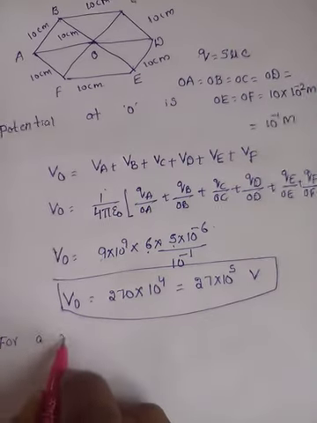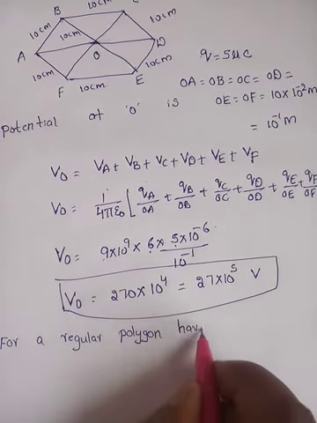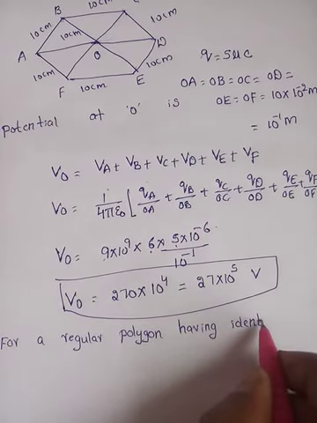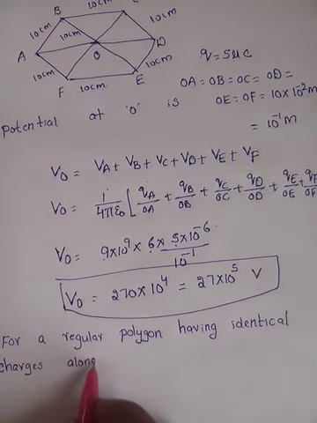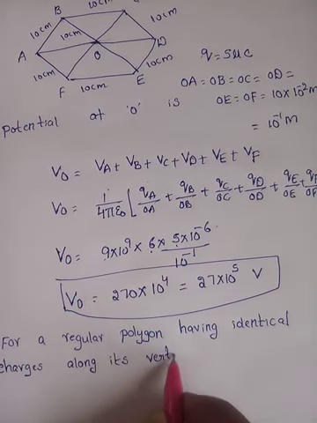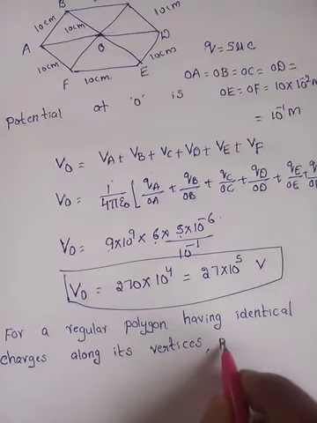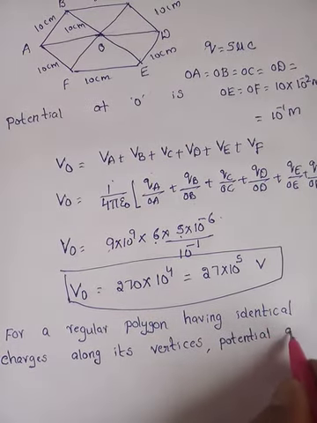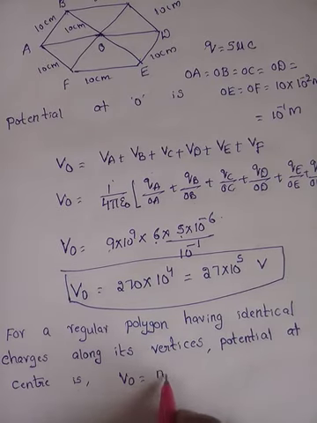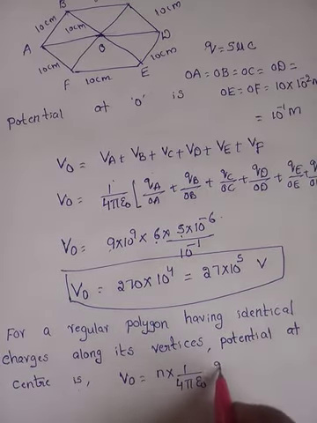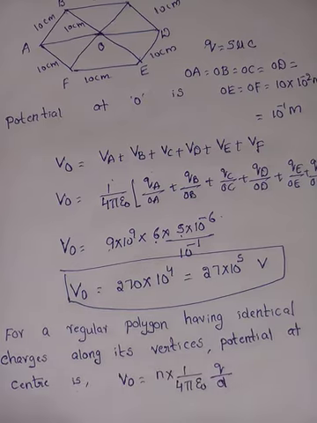For a regular polygon having identical charges along its vertices, the potential at the center is V naught equals N into 1 by 4 pi epsilon naught Q by D. What is D?